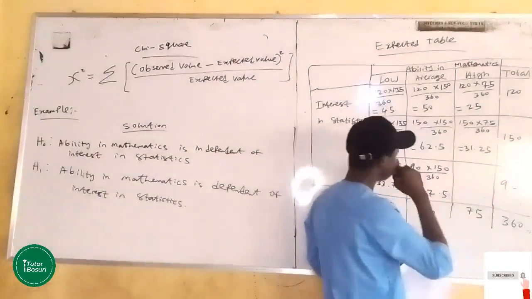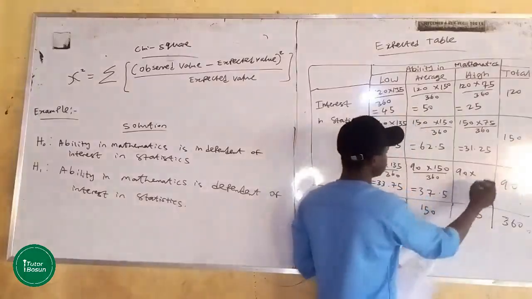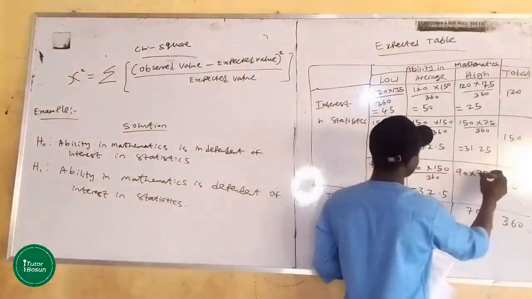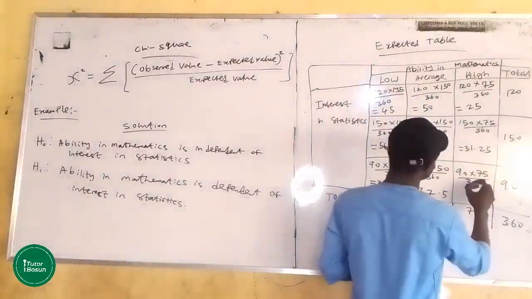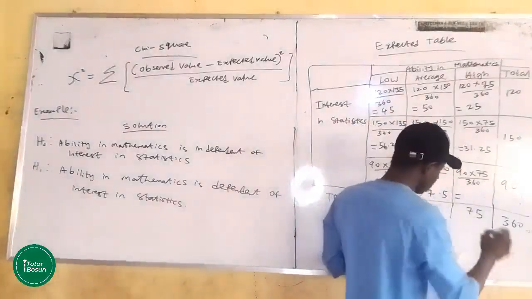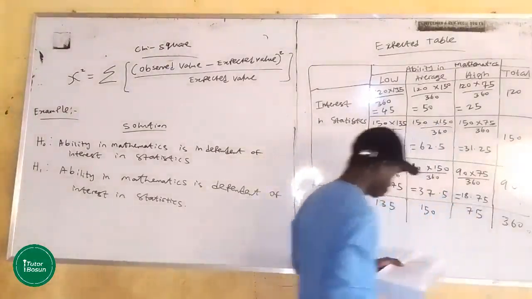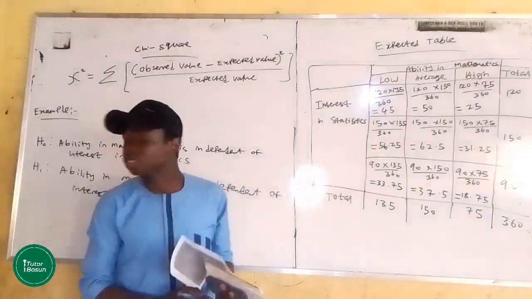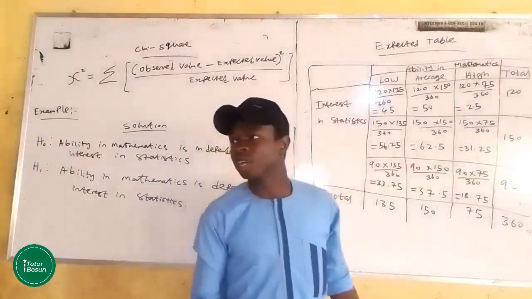Similarly here, we have 90 times 75 divided by 360, and that will give you 18.75. So we've been able to derive all our expected values.